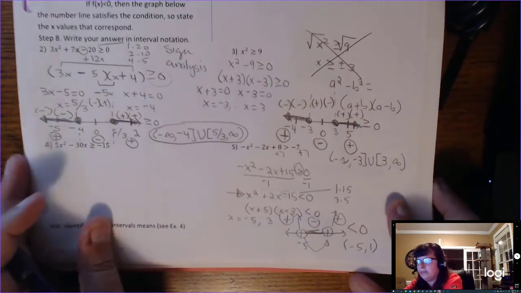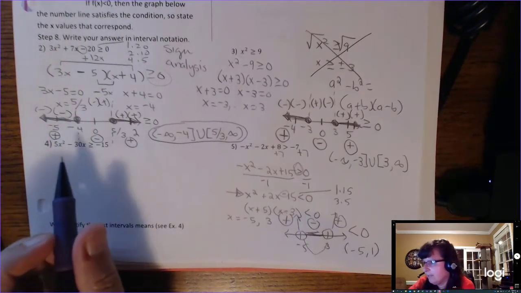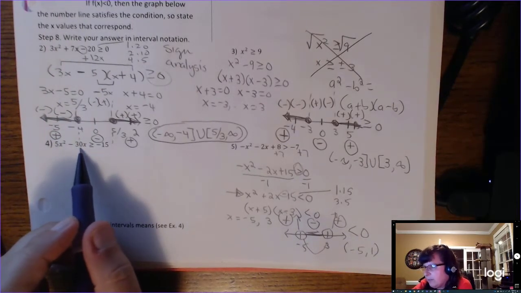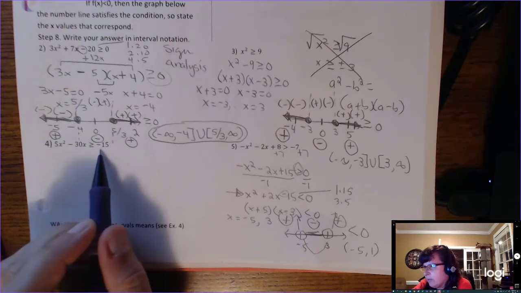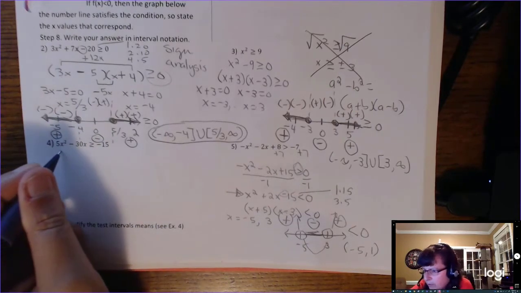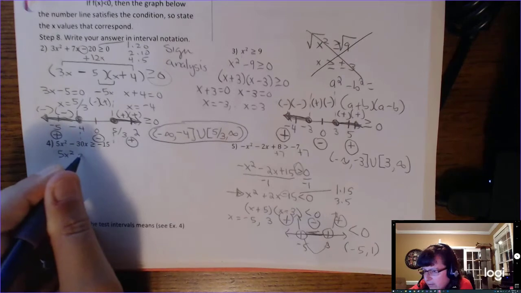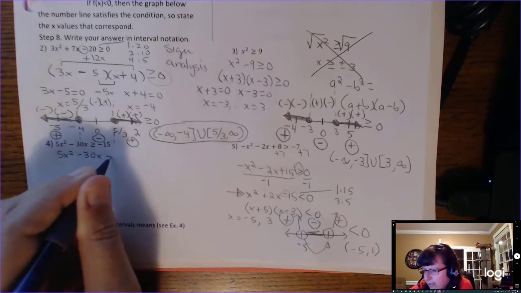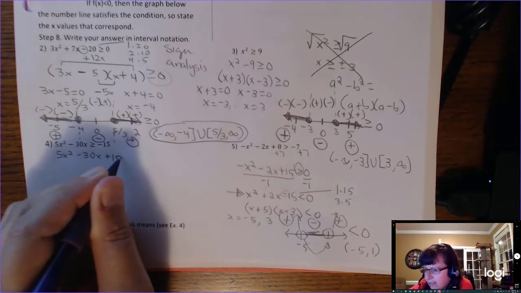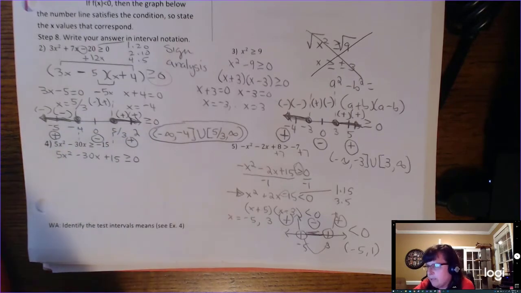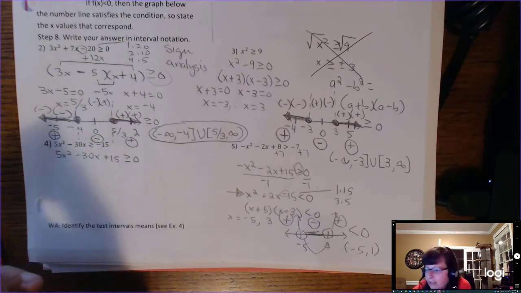Alright, so the last one, 5x squared minus 30x greater than or equal to -15. Got a lot going on here. First thing we want to do is set it so that the right side is greater than or equal to 0. Alright, next we want to factor.